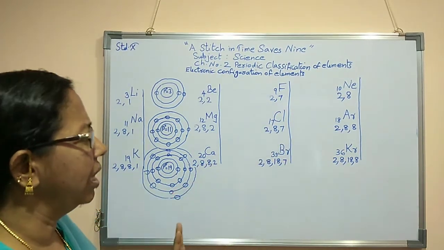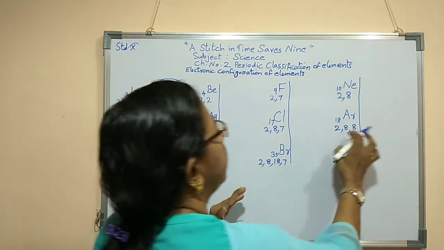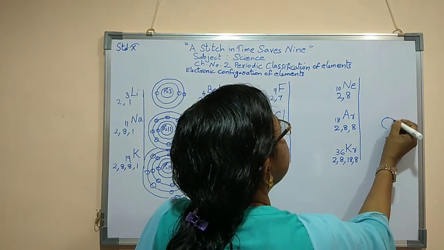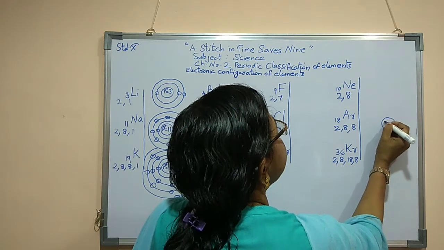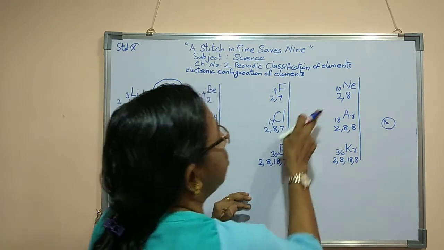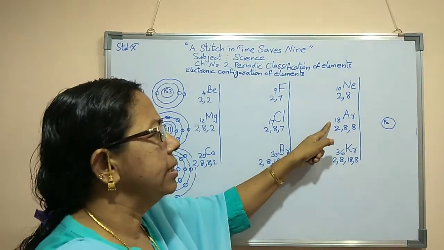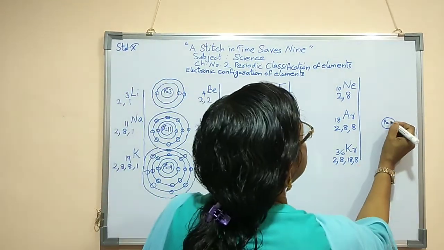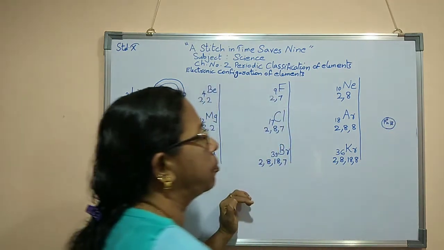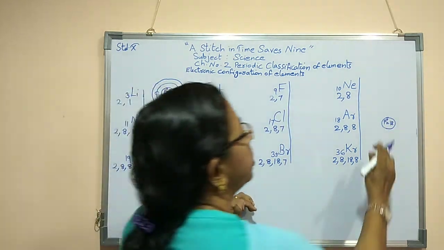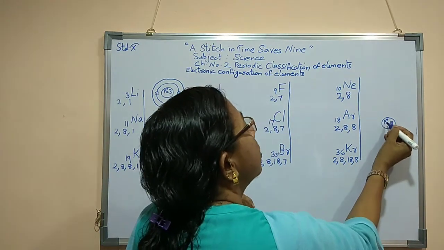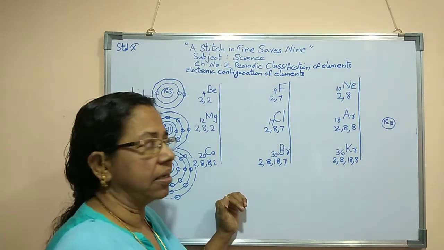Now one more example I will show you, that is argon. You see here its nucleus has how many protons? See, the atomic number of argon is 18. So we can write here 18. Now protons have positive charge. So P is equal to 18. All are positively charged particles.